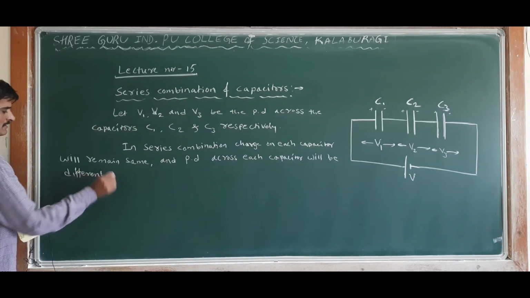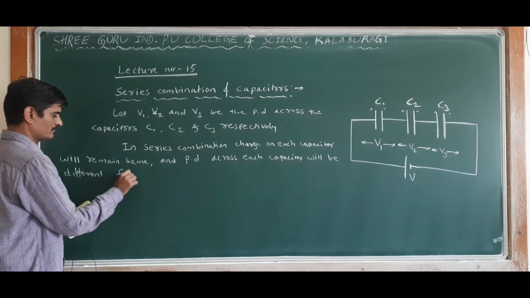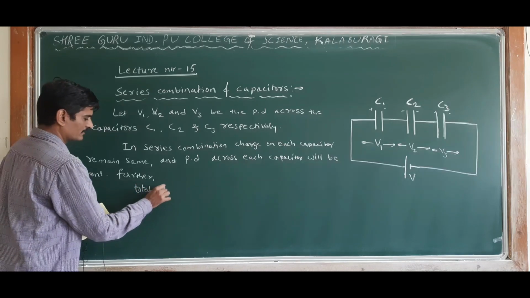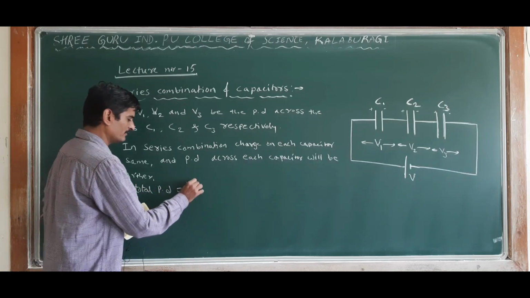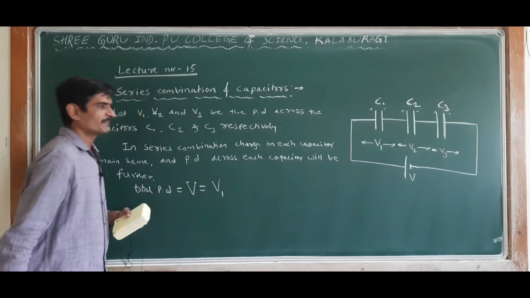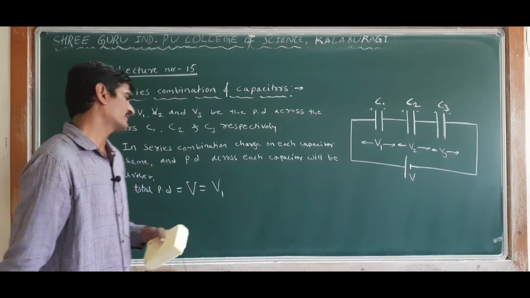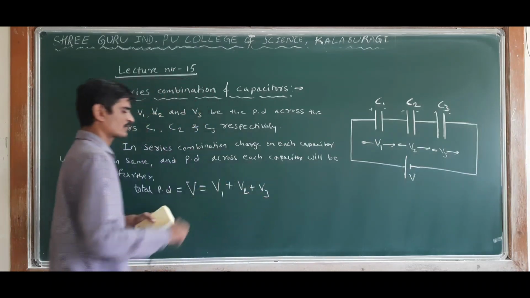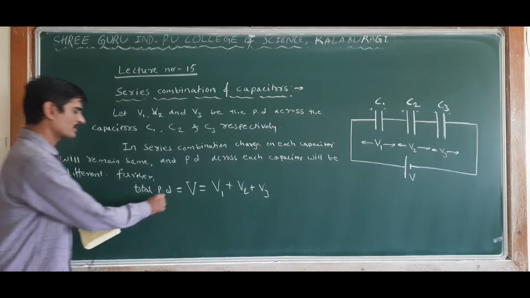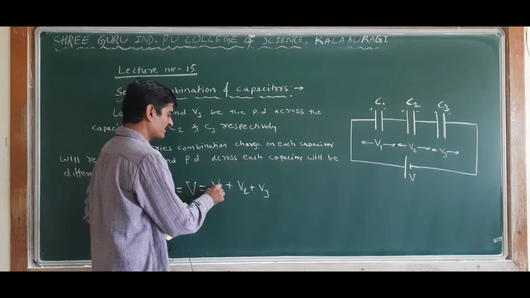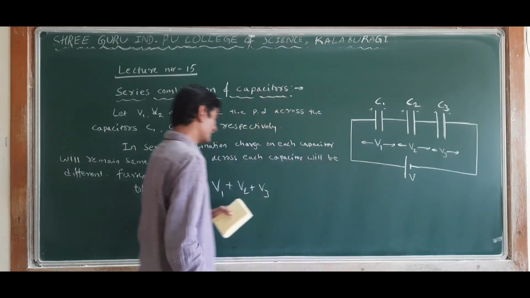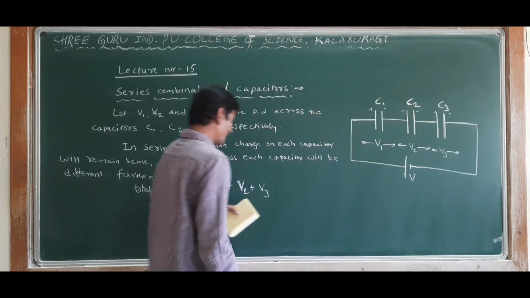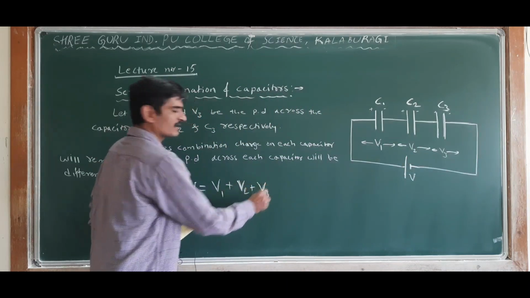So you can write the total potential difference V is equal to V1 plus V2 plus V3, where V is the total potential difference, V1 is the potential difference across capacitor C1, V2 across capacitor C2, and V3 across capacitor C3.